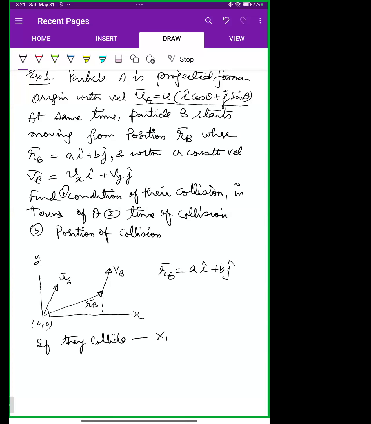That is number one. And number two, y1 will be u sin theta t minus half g t square, plus b is equal to Vy into t. These are the two basic things.